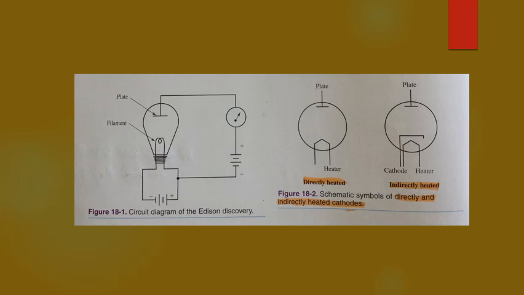At this point, Edison discovered that electric current would flow through the lights if the positive terminal of the battery was connected to the plate. However, if the negative battery terminal was connected to the plate, no current would flow. See figure 18-1. At that time, the electron theory was not yet discovered, and the flow of current through the light was a mystery.